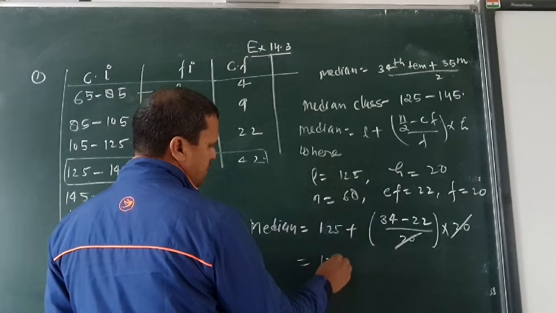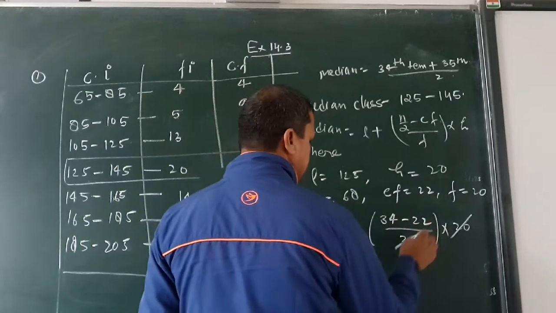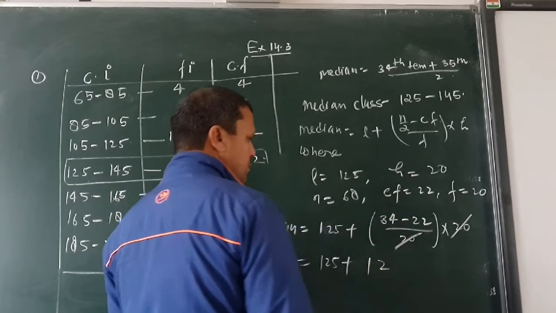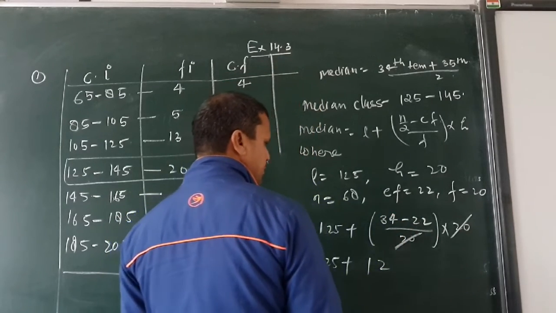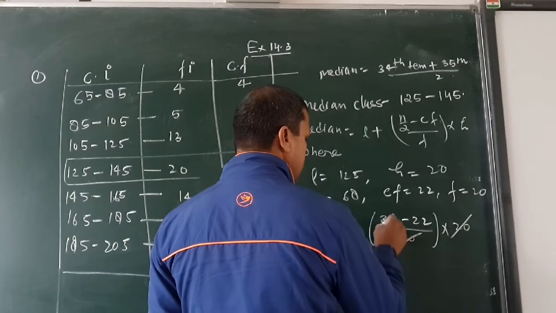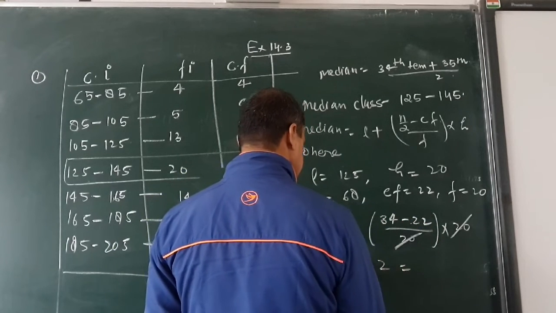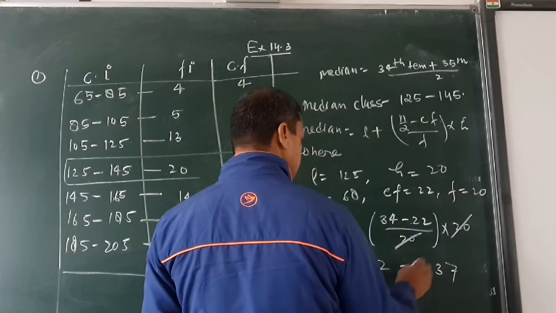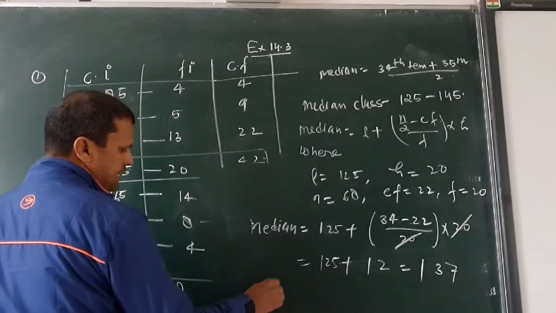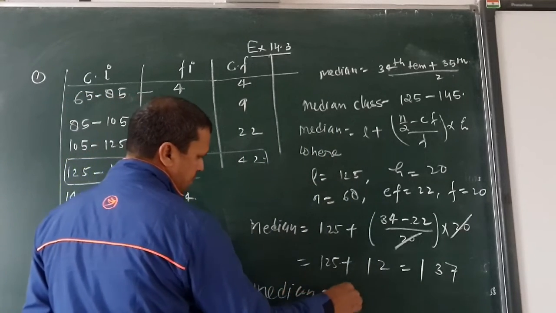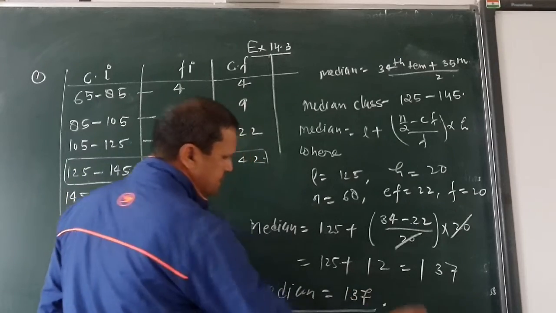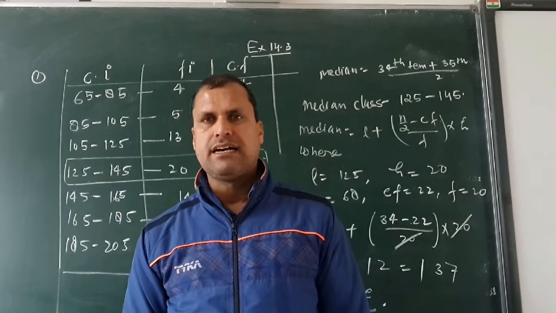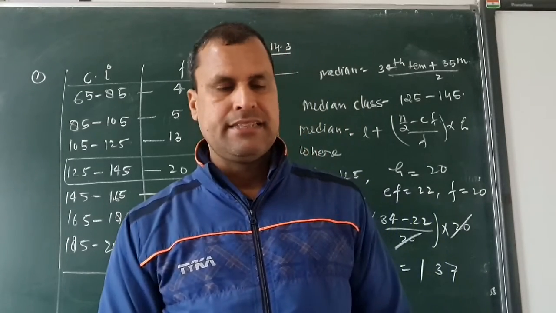So this is 125 plus, subtract it: 34 minus 22 is 12, so 12 by 1, that is 12. Now add it. It is 137. So the median is 137. So dear student, you can solve all other exercises on the basis of this.